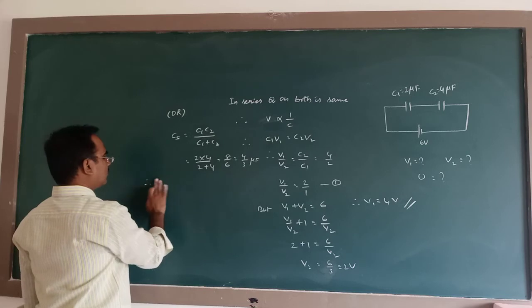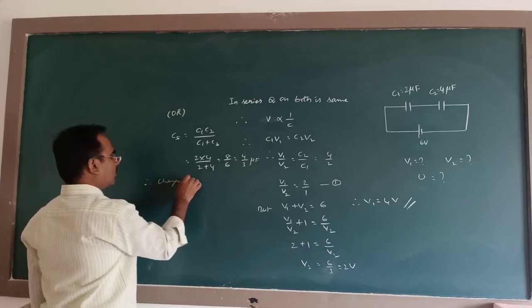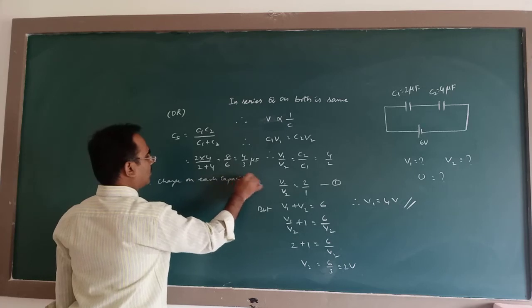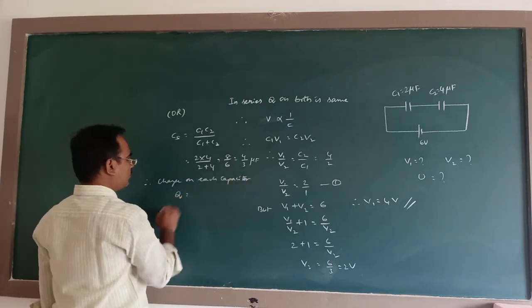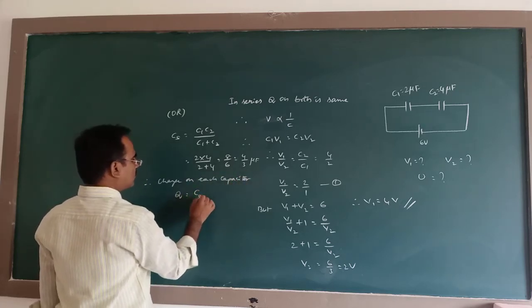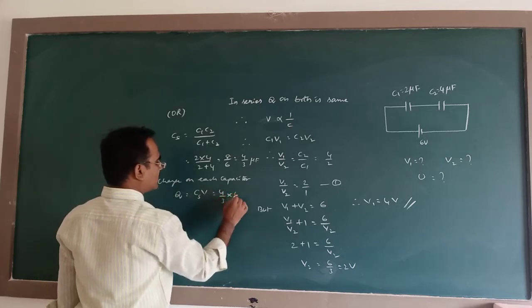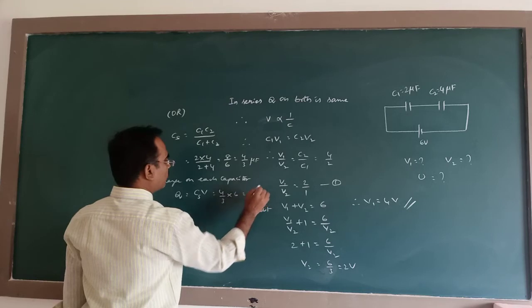Therefore charge on each capacitor Q is equal to CS into V, that is 4 by 3 into 6, so it is 8 microcoulomb.